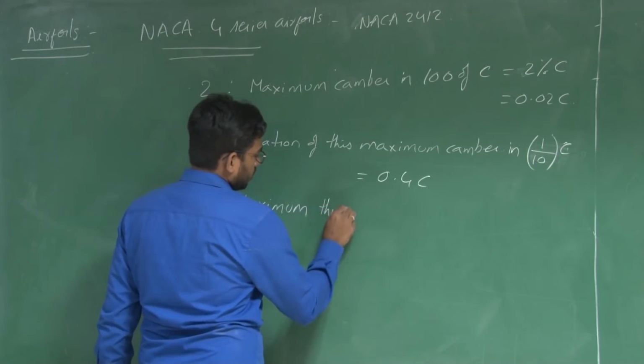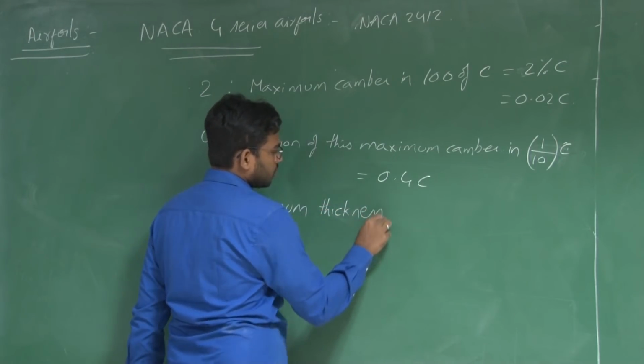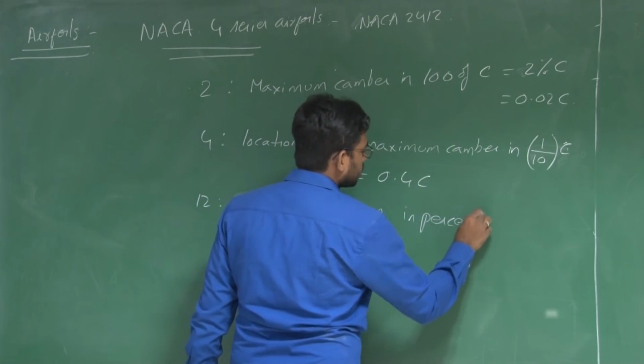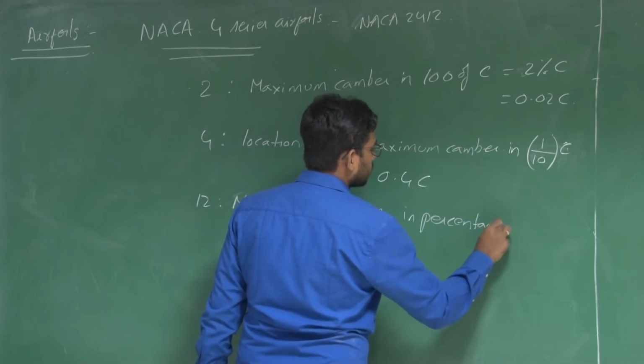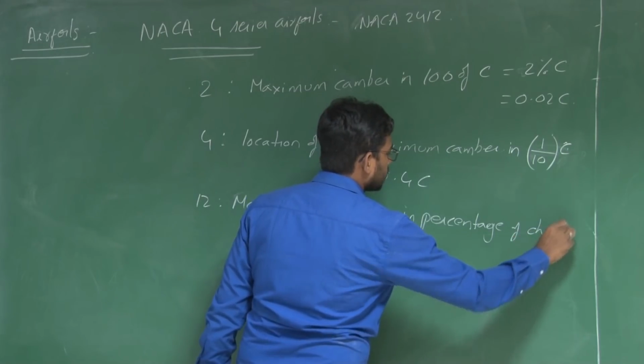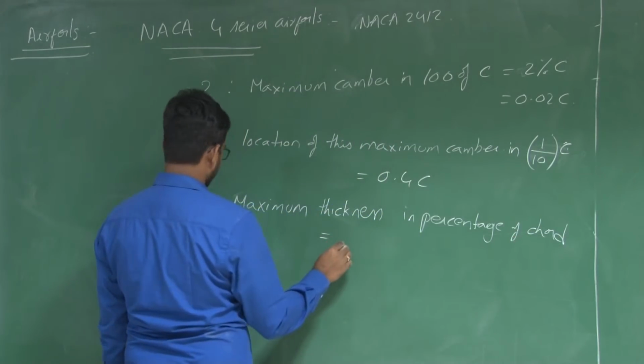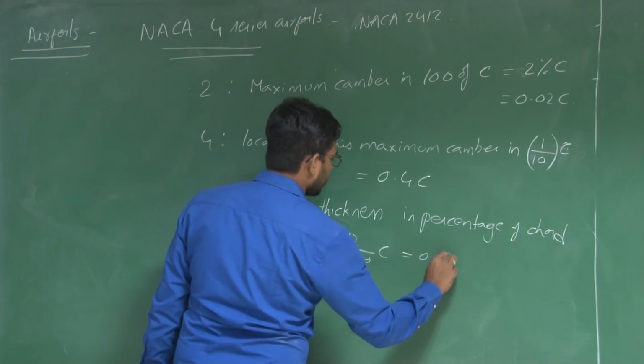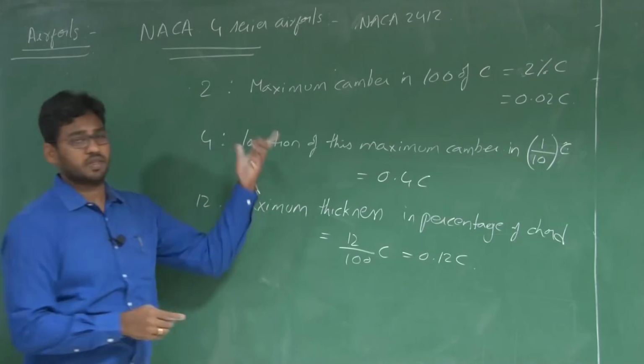Maximum thickness in percentage of chord, that equals 12 divided by 100 into C, 0.12 C. That is 12% thick.